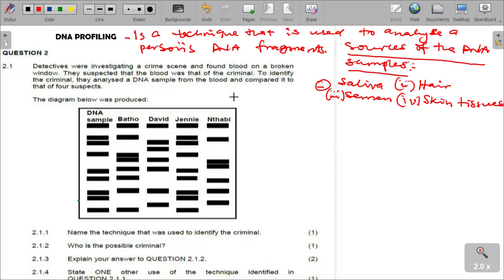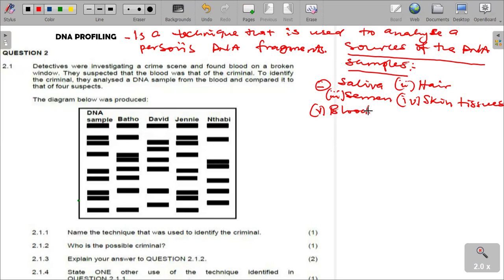And then, just to make it clear, we also have DNA samples from the blood. I think this one we mustn't leave out because it forms a key part also. So DNA can be found from the saliva, from the hair, from the semen, as well as blood samples.